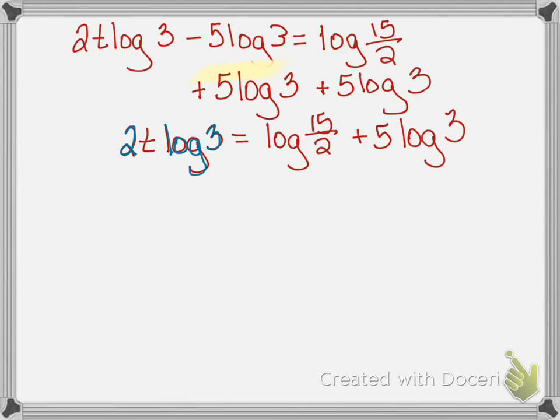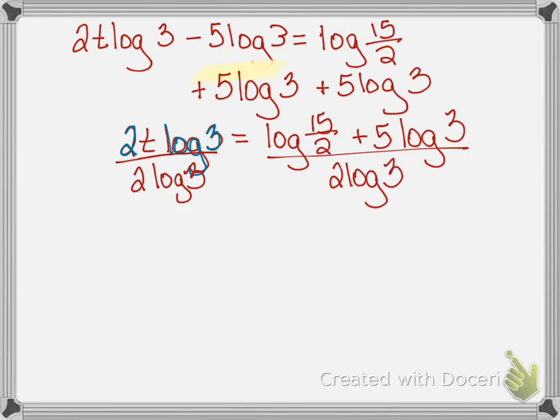That's all they are, numbers. And they are being multiplied times t. How do I undo multiplication? Divide. So I am going to divide by 2 and the log 3. I'm dividing both sides by this.